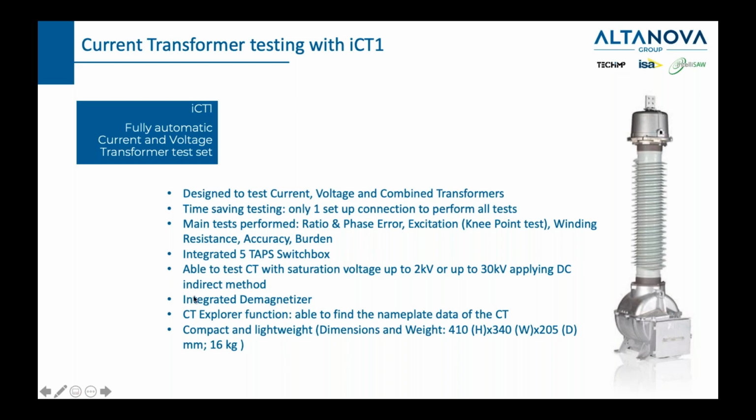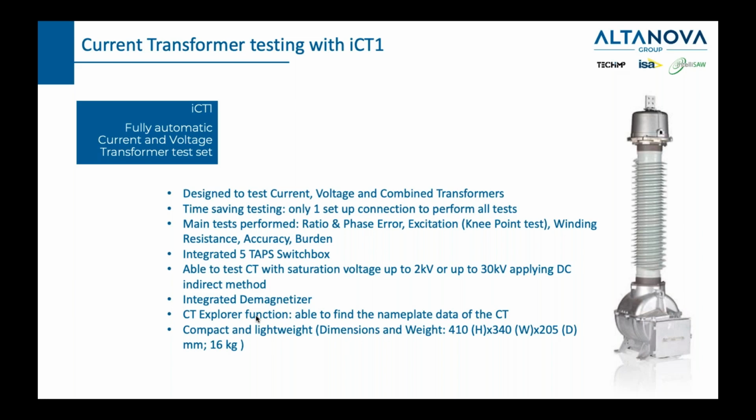So the integrated demagnetizer is a very useful tool, and the CT Explorer is a very useful function: if we don't have any nameplate, we just connect our ICT1 and it automatically does a series of tests, after which we can see the results of that particular transformer.